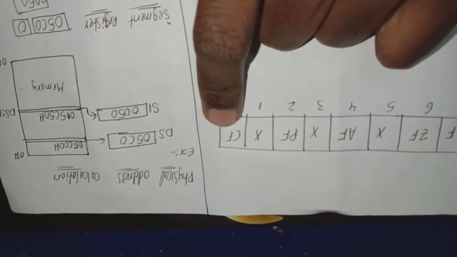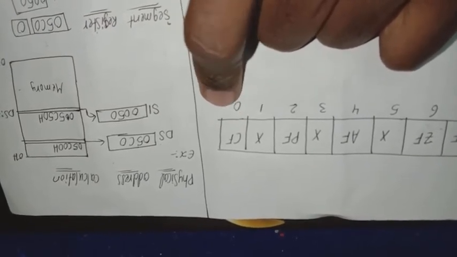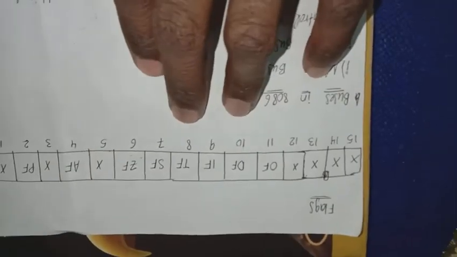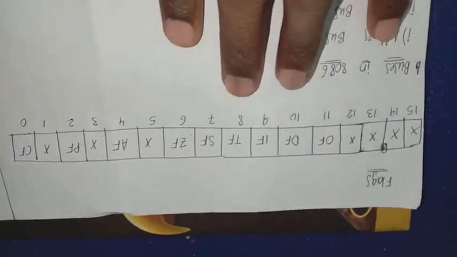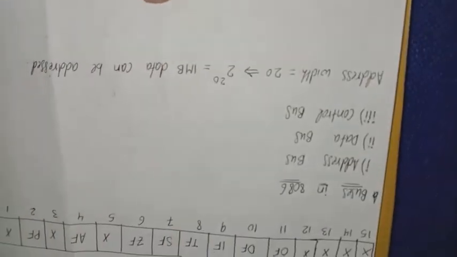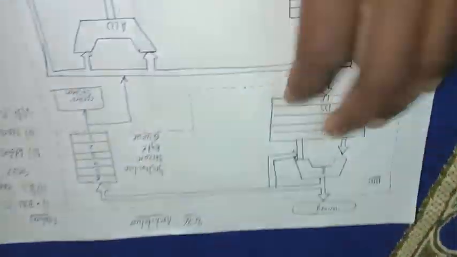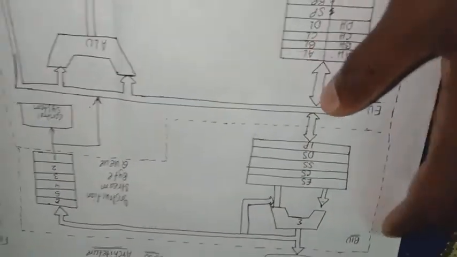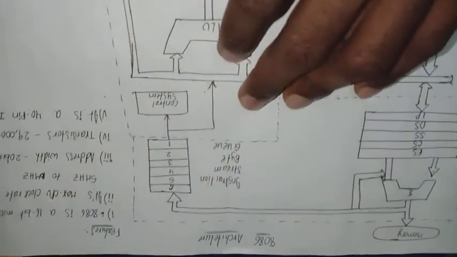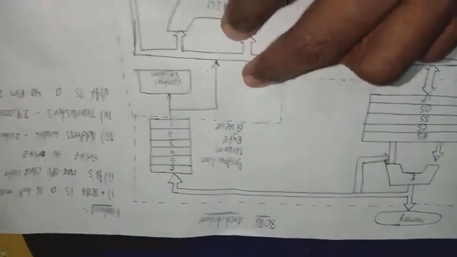When there is no carry, it resets, that is 0. This is all about flags. So flags is a 16-bit register. So I covered all topics in the 8086 architecture.